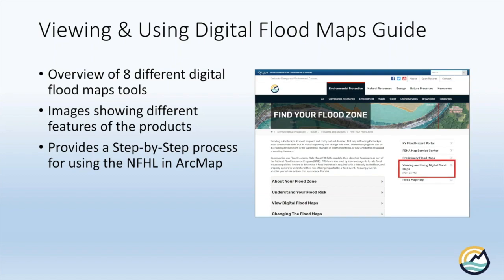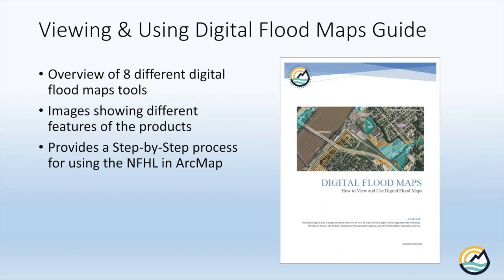There in that web page on the right-hand side, you see Viewing and Using Digital Flood Maps. You can click that and download the guide in a PDF, and it's right there for you. And this is what that guide looks like when you get it. I try to update it frequently just to make sure that it doesn't get dated, that hyperlinks still work, things like that. So we try to keep it updated pretty frequently.